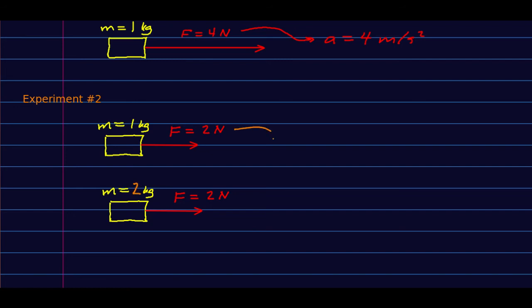And what you now find is, well, the acceleration of the 1 kilogram one we already know. It's 2 meters per second squared. When you double the mass, the acceleration is chopped in half. So more massive objects subject to the same force accelerate more slowly.